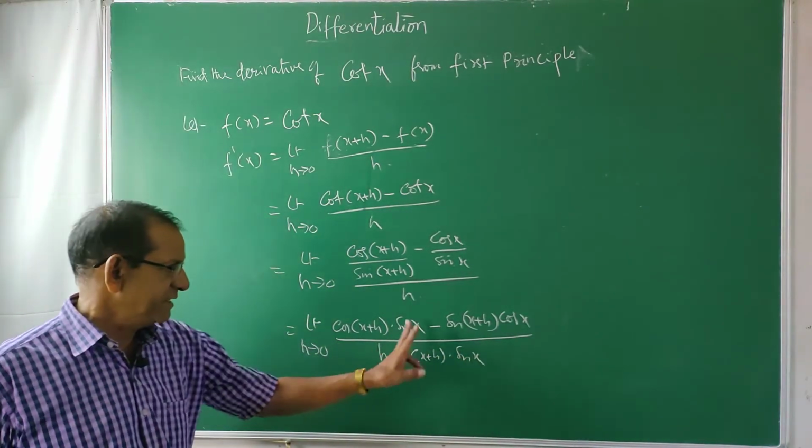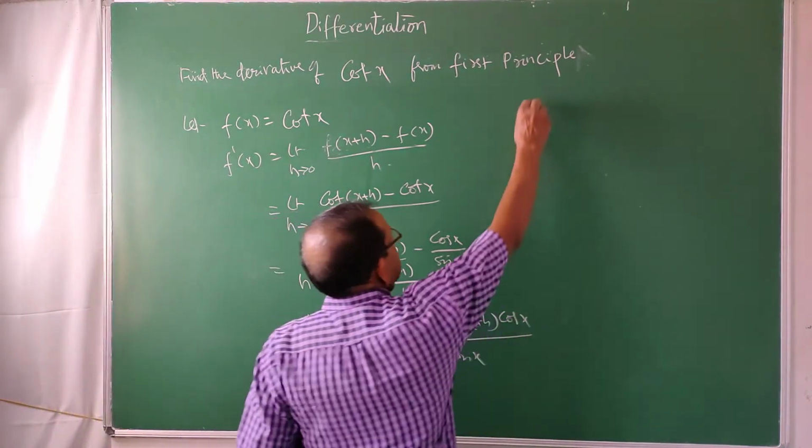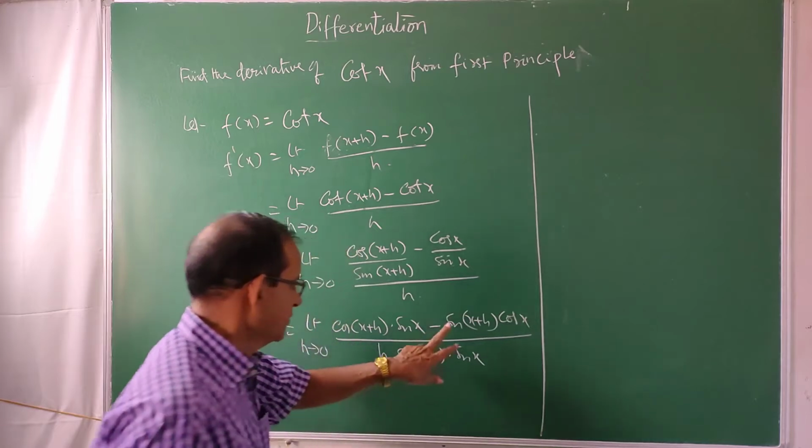Now if you change the order, you can write the sin(a minus b) formula for that. So if you want to change the order, you have to take minus common.